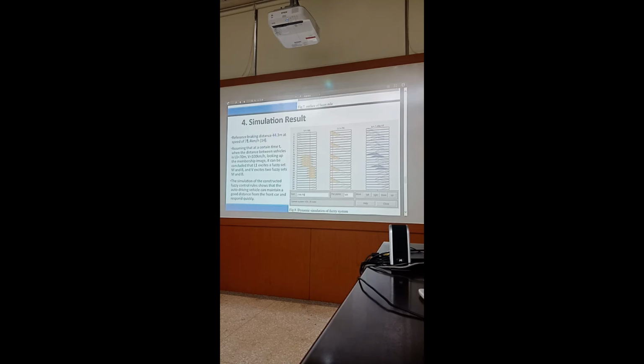For the speed of 71, the safe distance is 40 meters, something like that. So it needs to be transformed. If the speed is not 71, maybe the distance also changes. Okay, thank you.